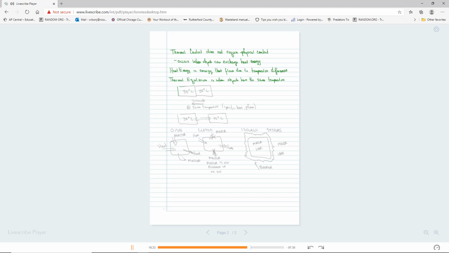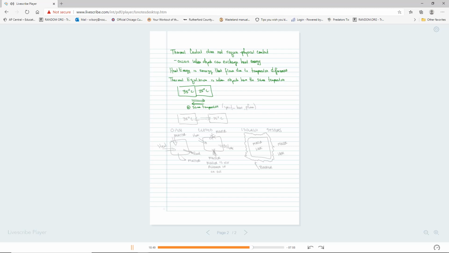So for example, if I have a block that's at 35 degrees Celsius and I put it beside a block in contact with a block that is 25 degrees Celsius, heat energy is going to run this way and this way until we end up at the same temperature.